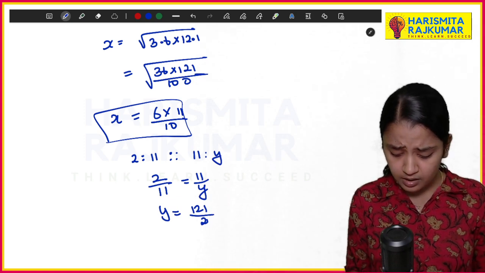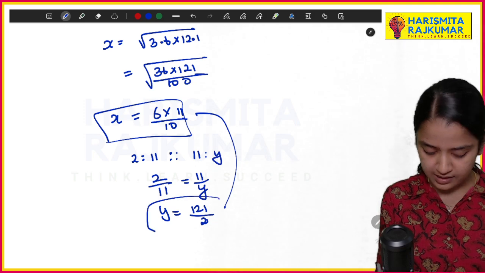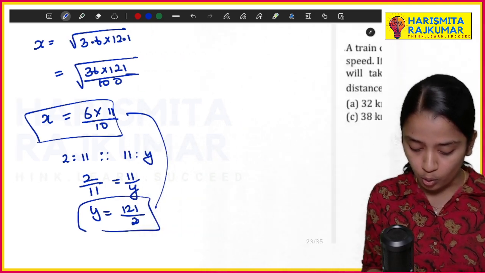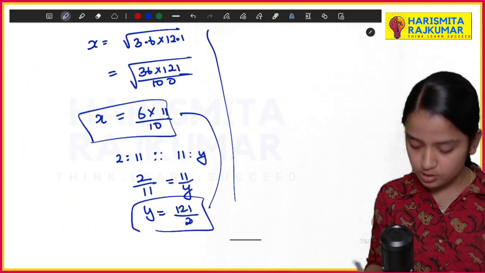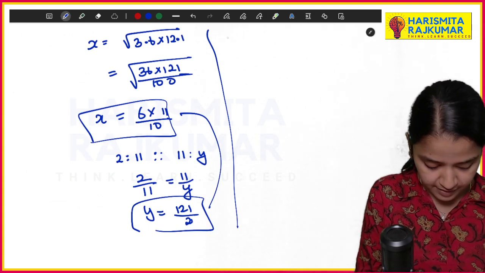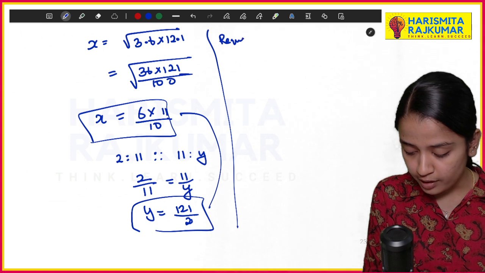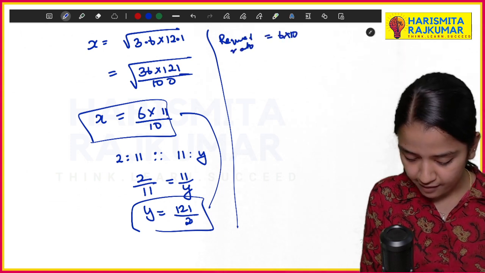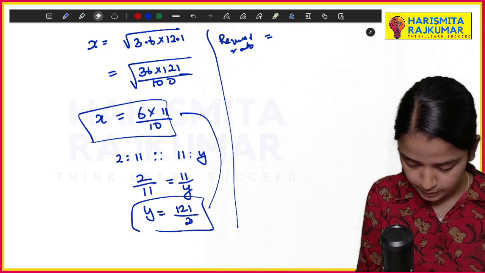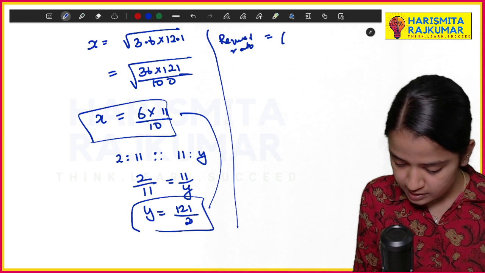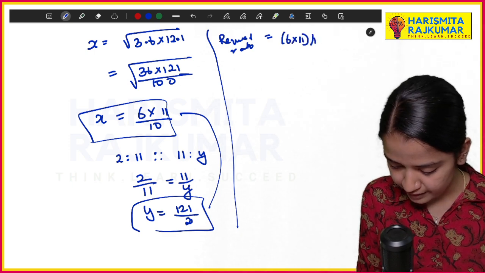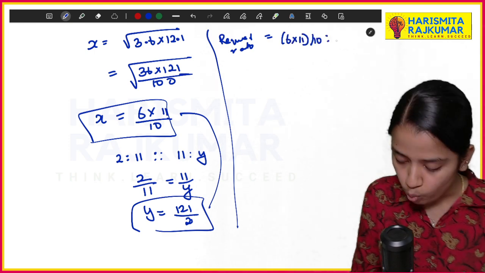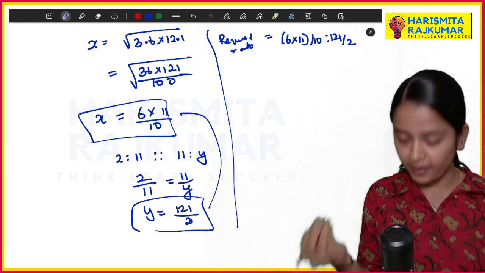Now I have to compare these two with respect to each other. So your required ratio will be 6 into 11 divided by 10 is to 121 divided by 2.